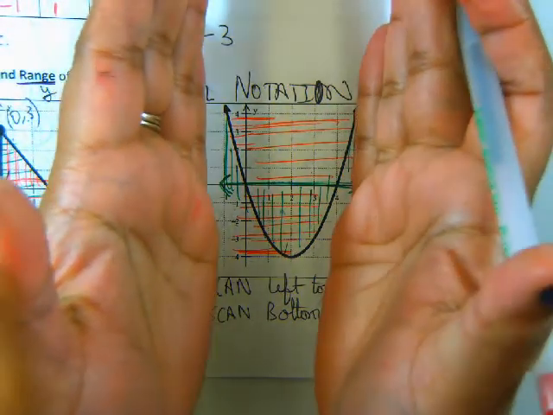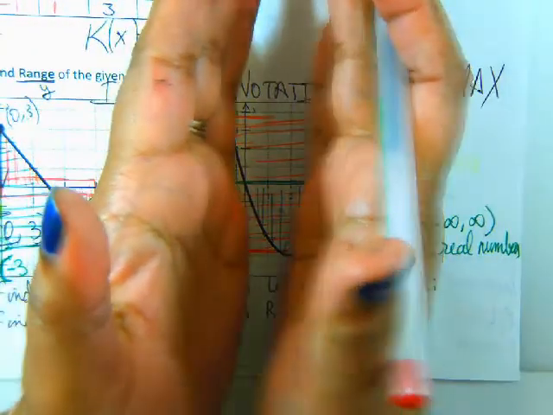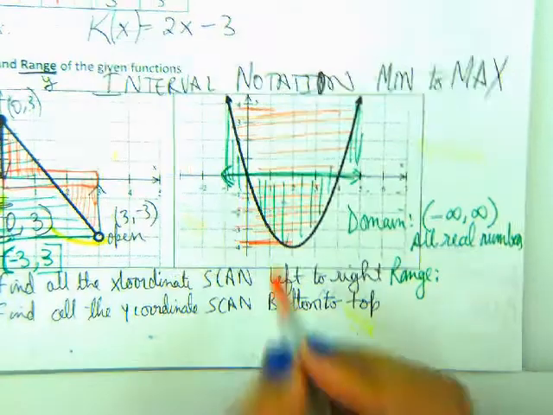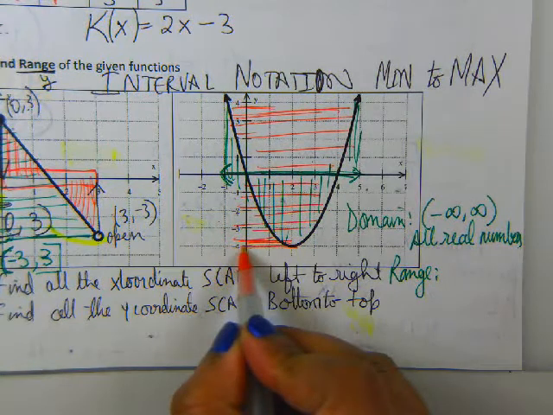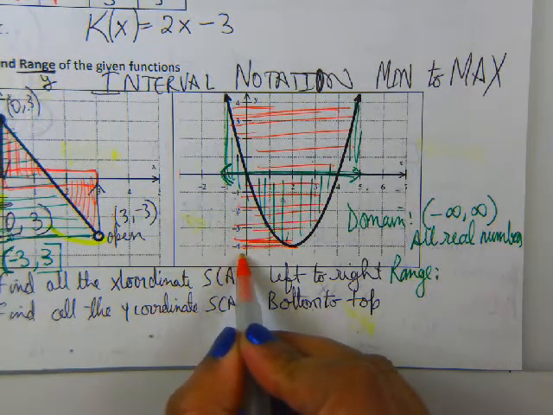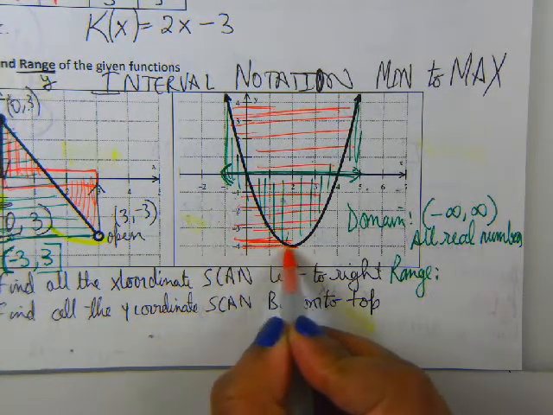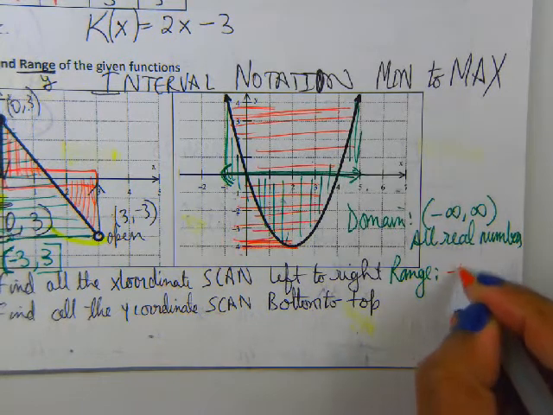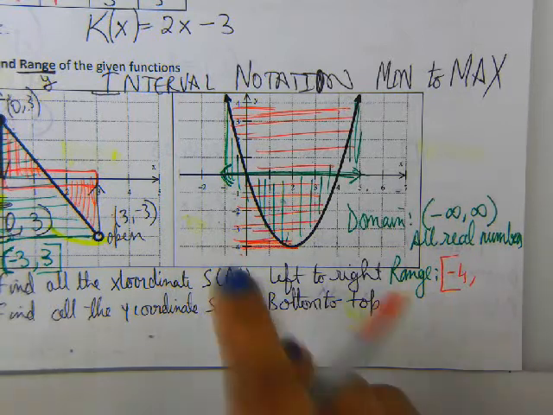So tell me, what is the minimum value on this one? -4, and remember it's a solid line, there is no gap or anything. So -4, I'll put a solid, and up to what? Again there is an arrow, so it is going to what? Infinity, the y is going to positive infinity, right?